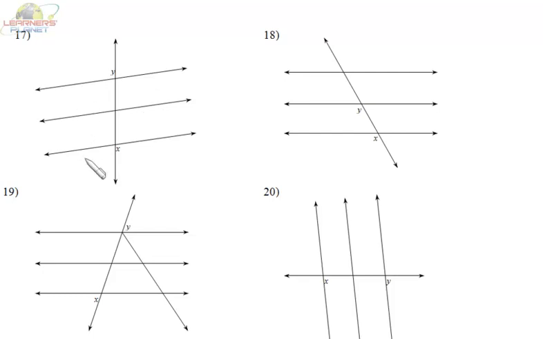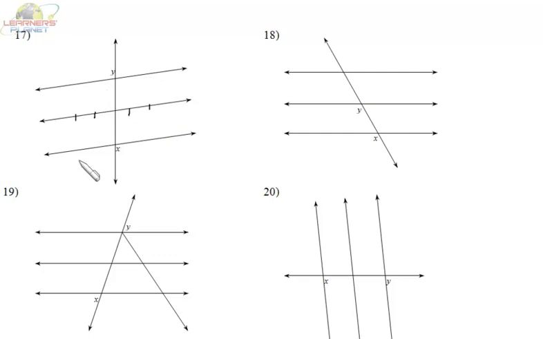So whatever the relationship of angles between these two lines, it will be the same among these three lines. Okay, so you can skip this line, it doesn't matter, you just directly see the relationship between this line and this line. Okay, so suppose we skip this.